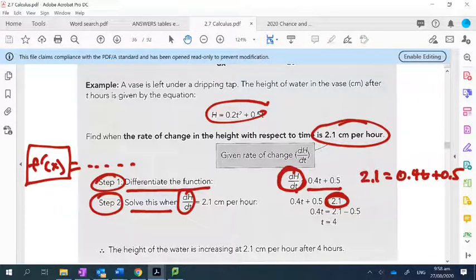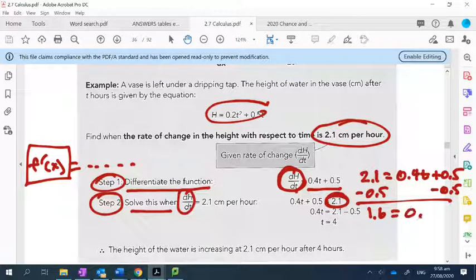To solve it, get all your numbers on one side and your t's on the other. So we'll subtract the 0.5 from both sides. Which gives us what? Somebody want to do the math for me? 1.6, yeah, equals 0.4t.